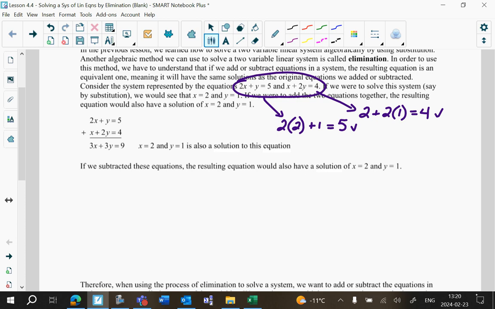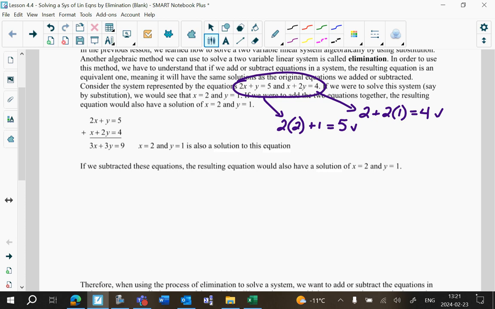Here they're both going to be in standard form, if you remember what standard form is. So we're going to line up the numbers on the right, we're going to line up the equal signs, we're going to line up the y's, and we're going to line up the x's. And so if I take this first equation and add the second one, 2x plus x is 3x, y plus 2y is 3y, 5 plus 4 is 9, and I get a new equation.